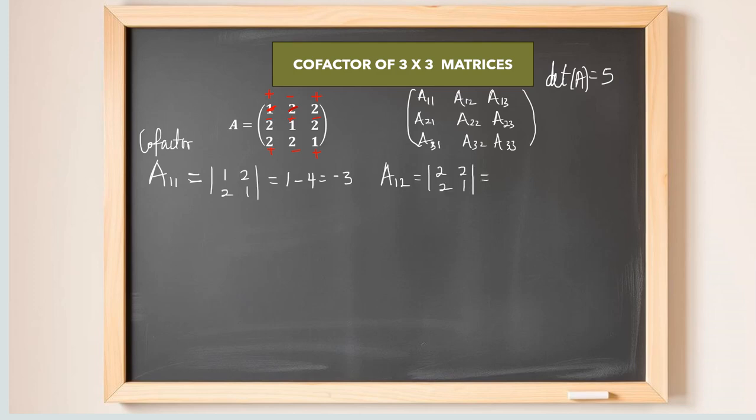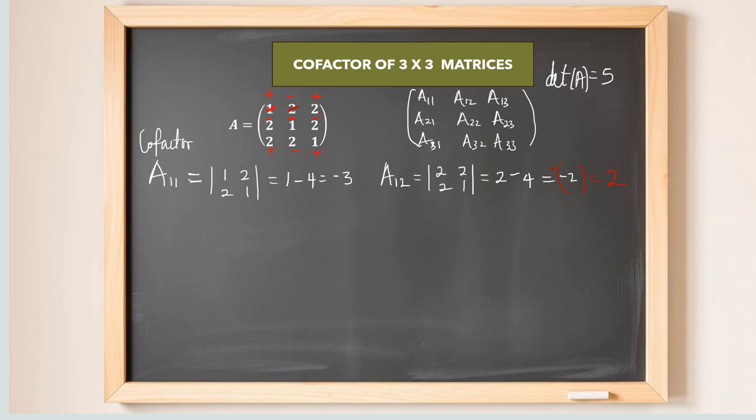So 2 multiplying 1, we have 2, minus 2 multiplying 2, we have 4. So this is going to give us -2. But recall, we are having the negative sign here. So we have the negative sign, minus, and this gives 2.